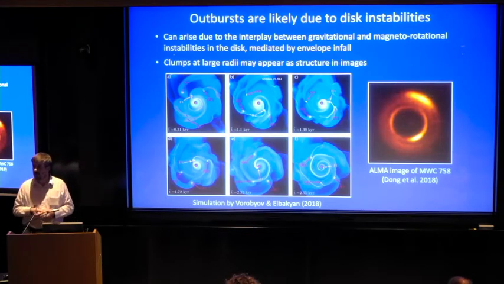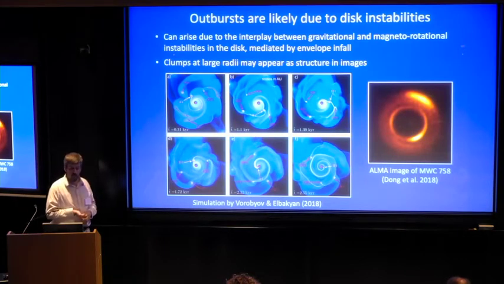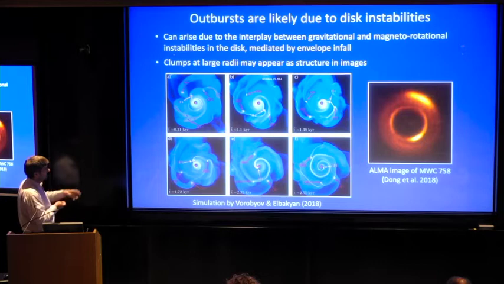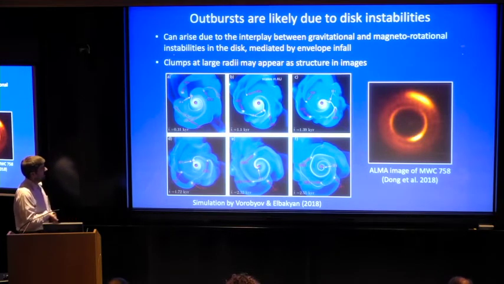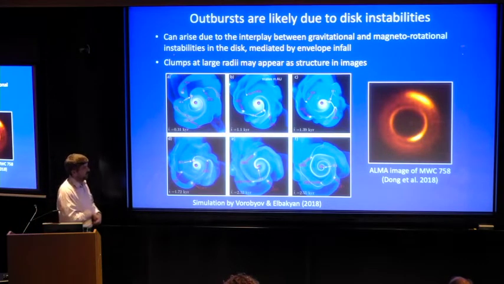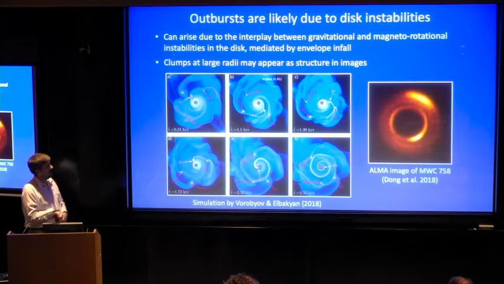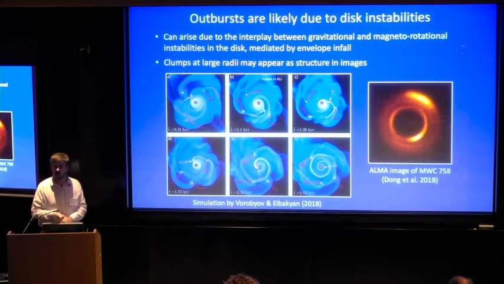As these clumps fall into the star, you see this massive increase in the accretion rate and therefore the accretion luminosity. We have a series of models from Vorobyov and Elbakyan showing how that might proceed in a protostar. And ALMA images of particularly nearby, bright, young, accreting stars are beginning to turn up signs of these clumps that you might see from episodic accretion.